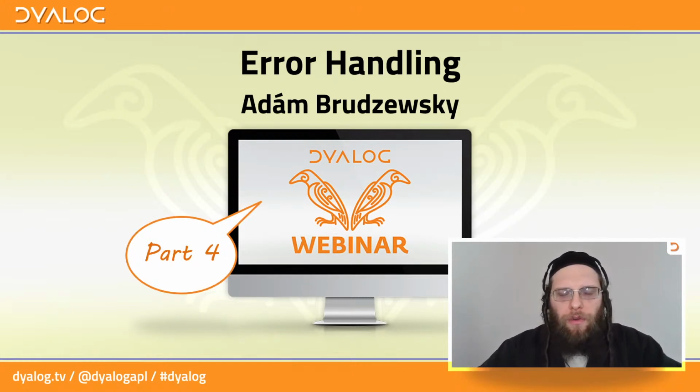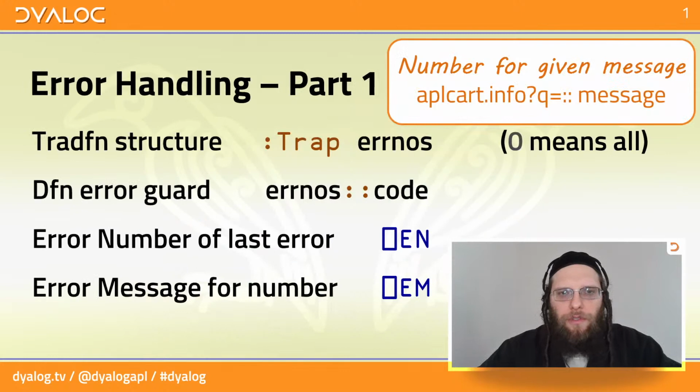I have been going through the basics of error handling in Dyalog APL in previous webinars. A quick overview is in order before I show you what I'm going to speak about today. In the first part of this mini-series, we looked at the very basic parts: the control structure, the error guards, and basic error numbers.